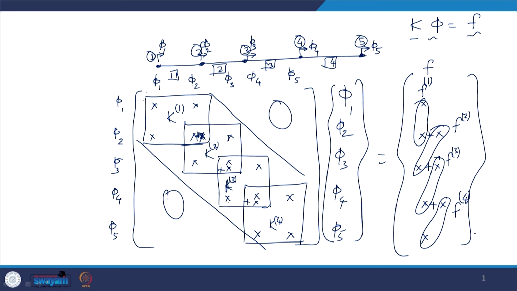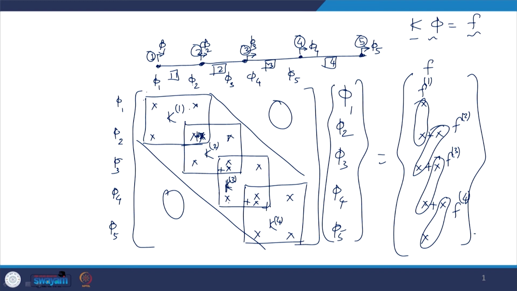The approximation over element 1 has nothing in common with the approximation over element 4 or for that matter element number 3. It has one degree of freedom in common with element number 2, and because of that coupling the equations are coupled, but the development of the approximation as such is limited to the immediate neighborhood.